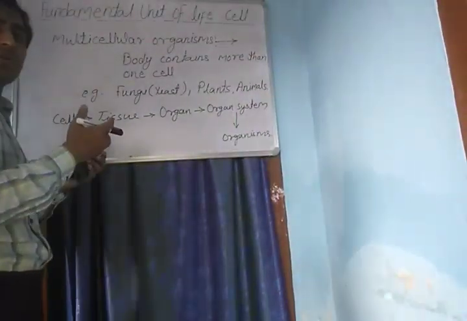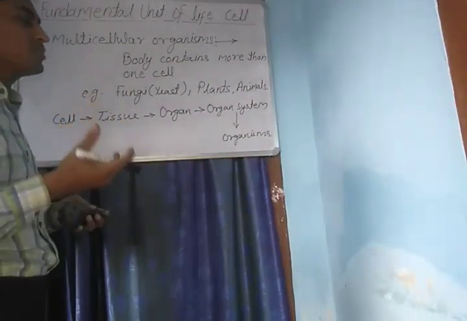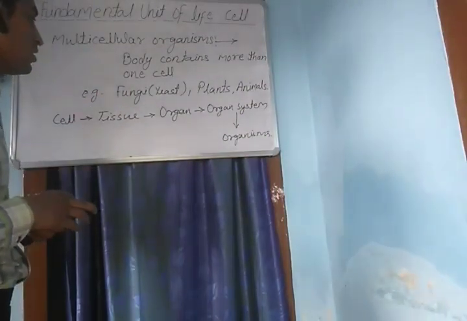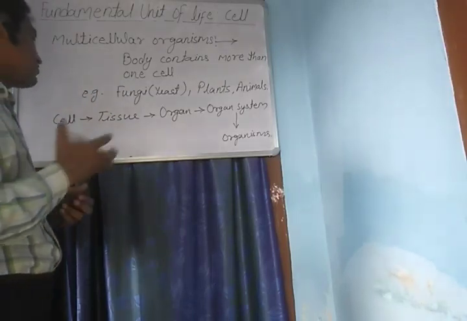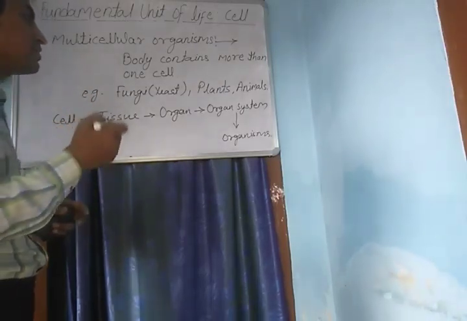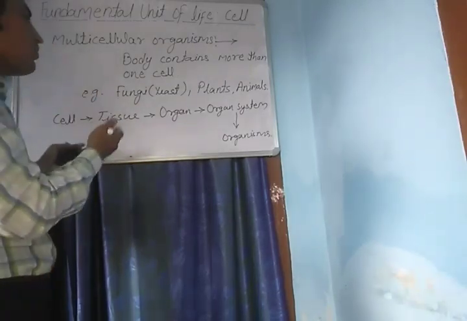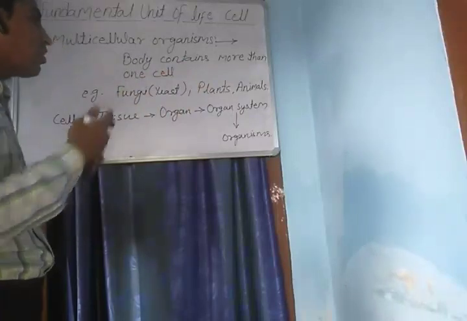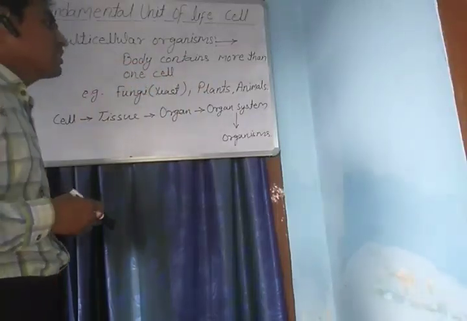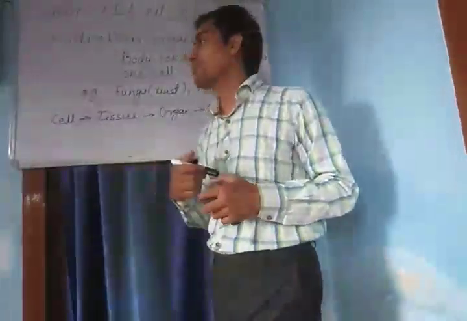If we study only a cell, one cell performs special functions also. For example, RBC is a cell and helps in the transportation of oxygen. Then tissue performs special functions, organs perform special functions, and in the same way organ systems and then the organism perform the life.